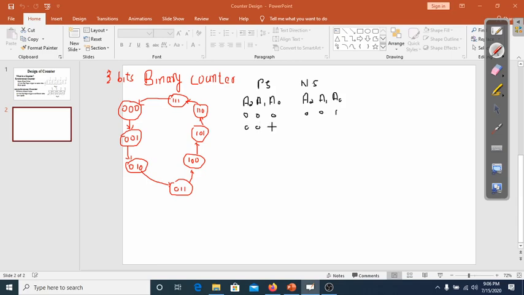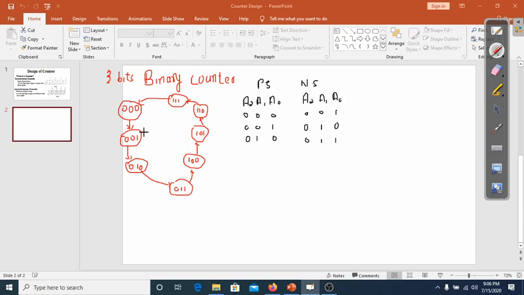Its next state is 010. Here the present state is 010. Next state would be 011. Okay, I will design a 3-bit counter by using T flip-flop in this example.